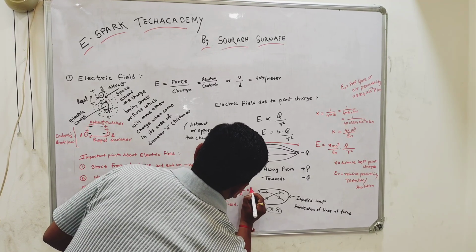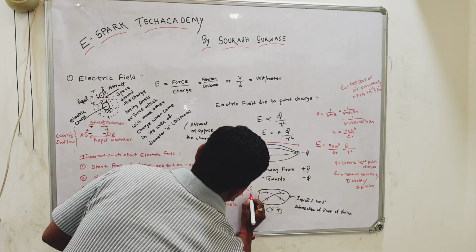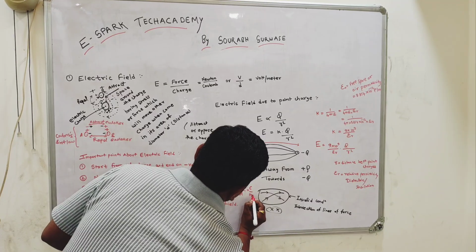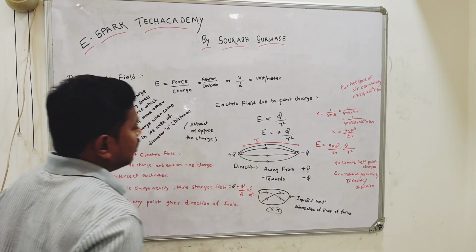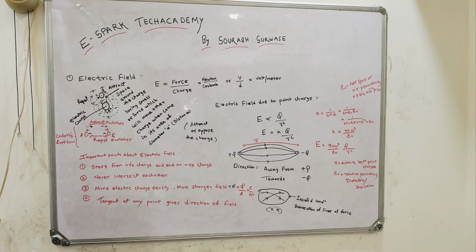Q is in coulomb and area is in meter square. Coulomb per meter square is the unit of charge density.